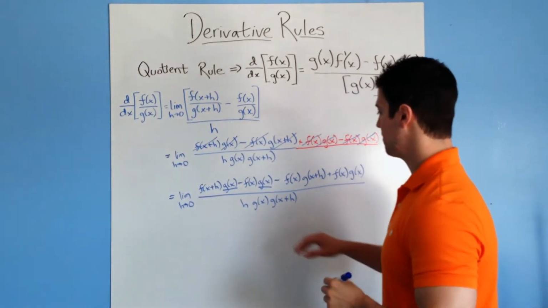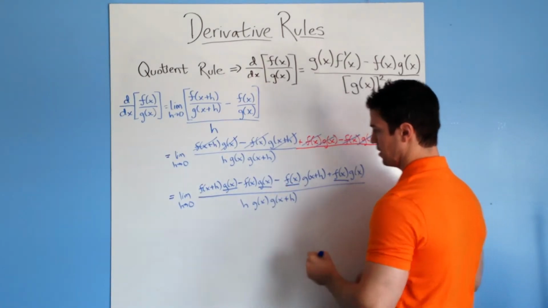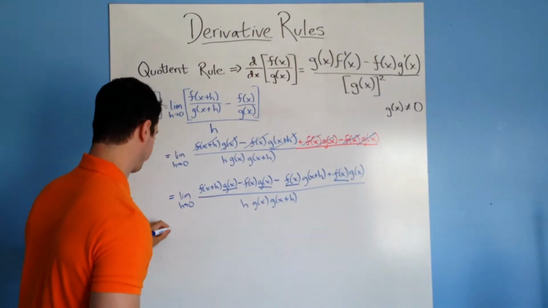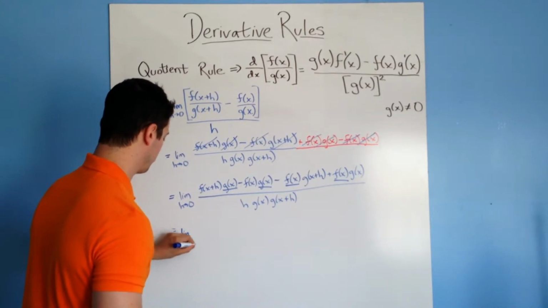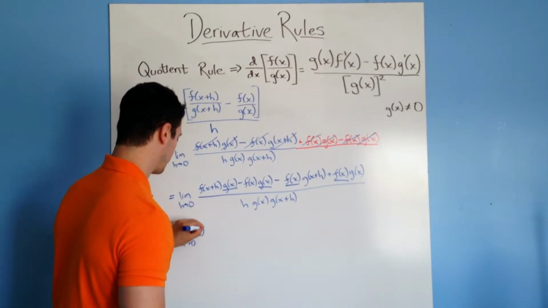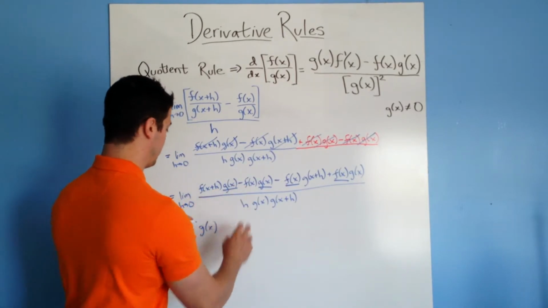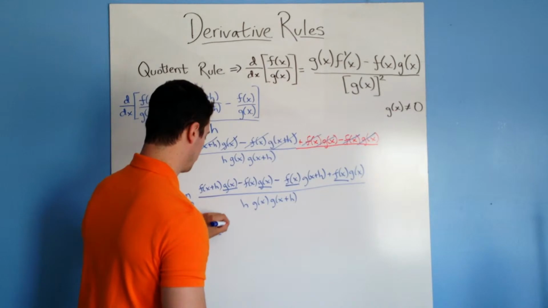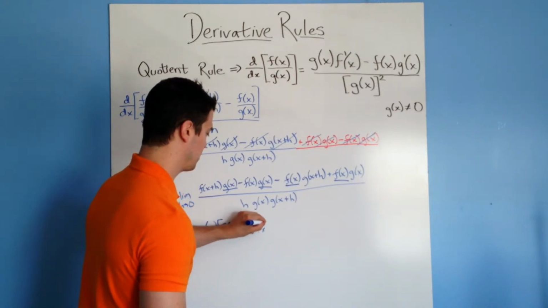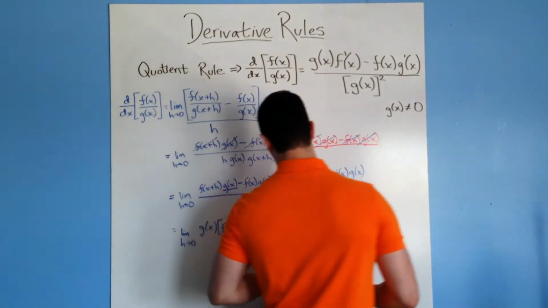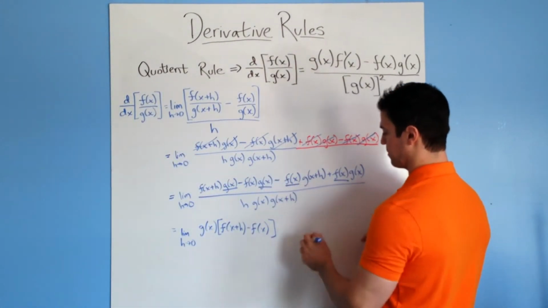Okay, from here I'm going to factor out the g of x, and on this side I'm going to factor out the f of x. So what you'll end up getting, limit as h goes to 0, we're going to get g of x times f of x plus h minus f of x, and I'm going to take that, and then I'm going to do the same thing with this f of x.